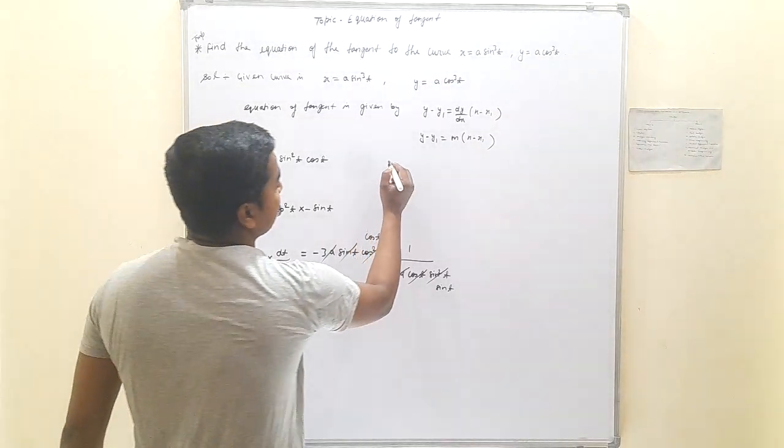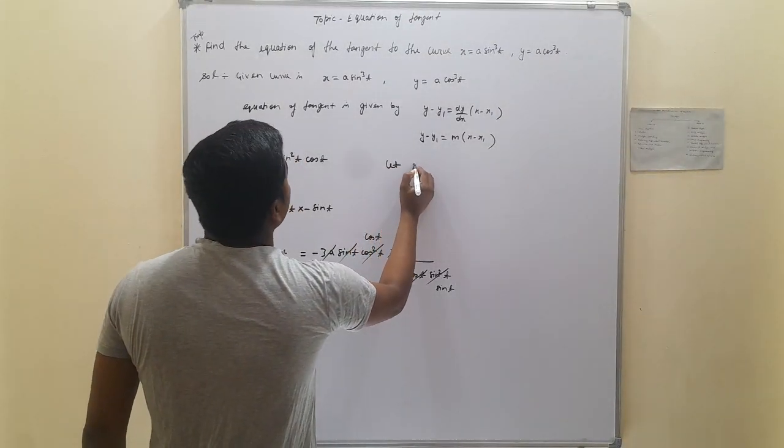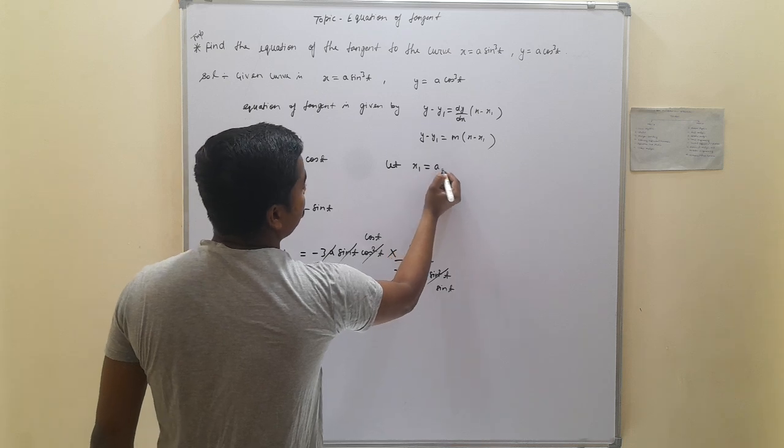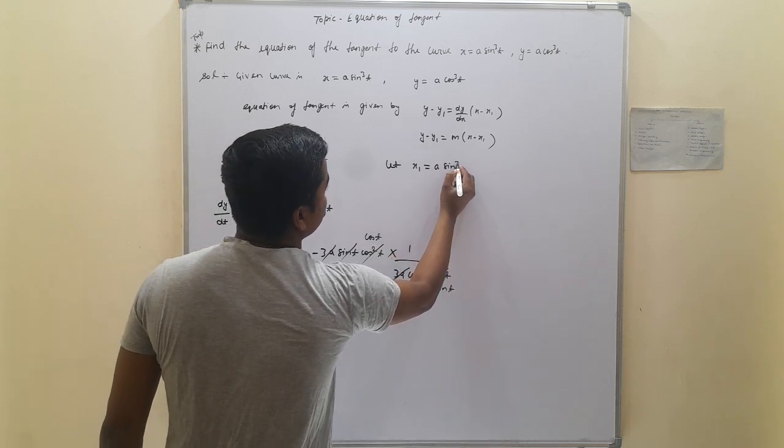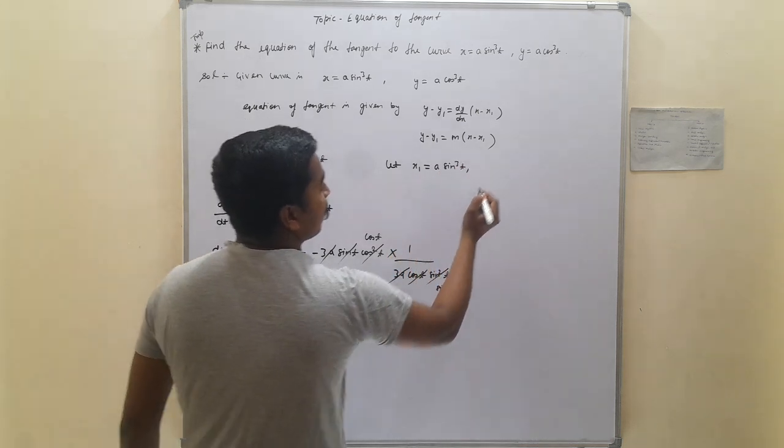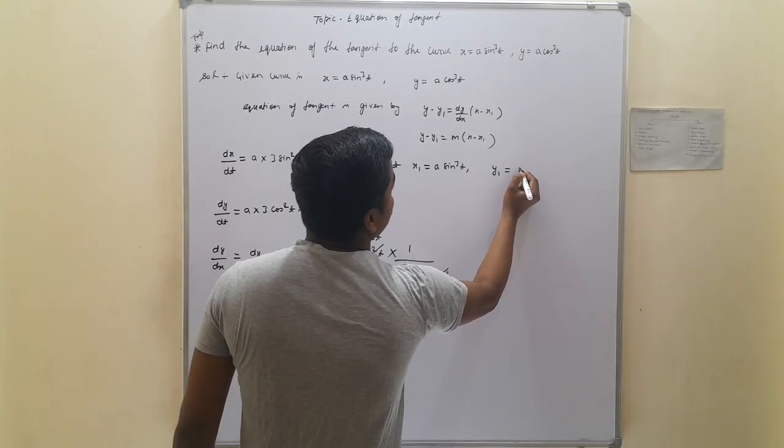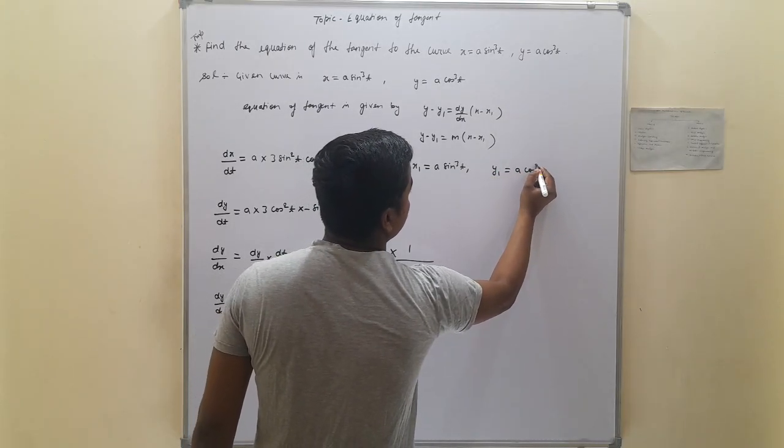We let x1 equal a sin cube t and y1 equal a cos cube t.